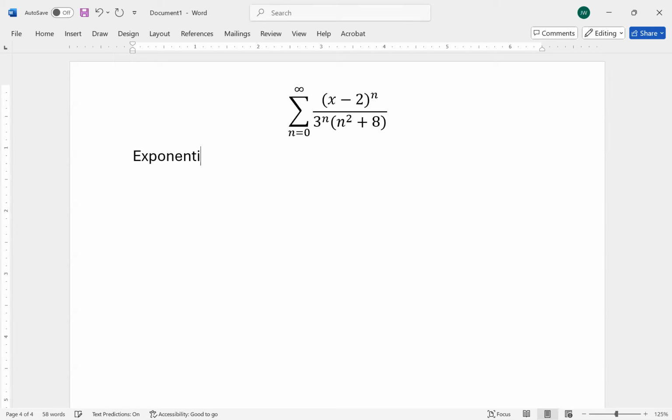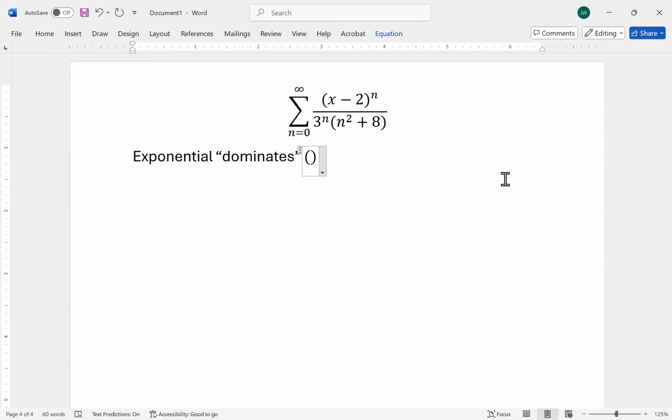Once again, the exponential part is going to dominate, but we kind of have two exponential parts in here. We have an x minus 2 raised to the n divided by 3 raised to the n. So the exponential dominates. Again, that's a term that I use. And when I look at that exponential part, it's actually a combination of two things.